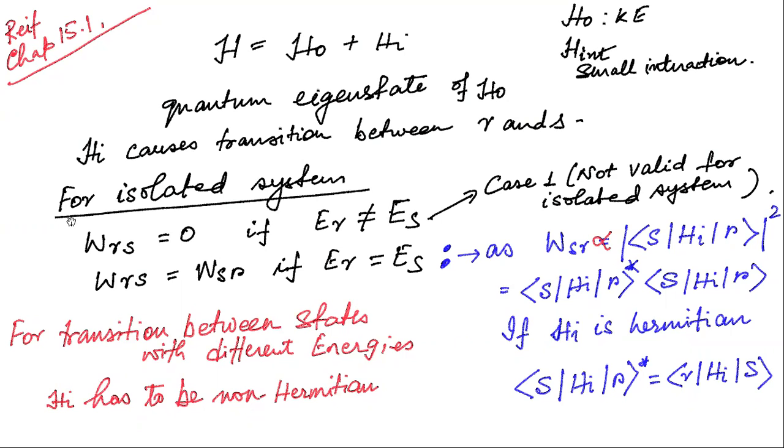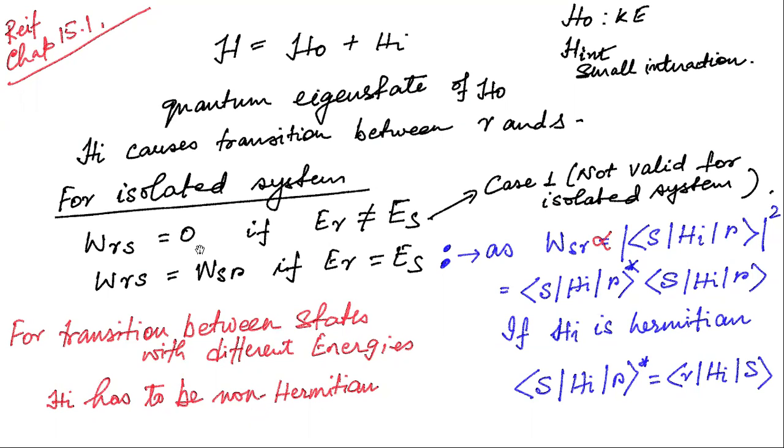Now, for an isolated system, it can be shown if Hi is Hermitian. If you're talking about microstates or equivalently quantum states, for the system going from R to S, when the energy of R and S are different, WRS is equal to 0.